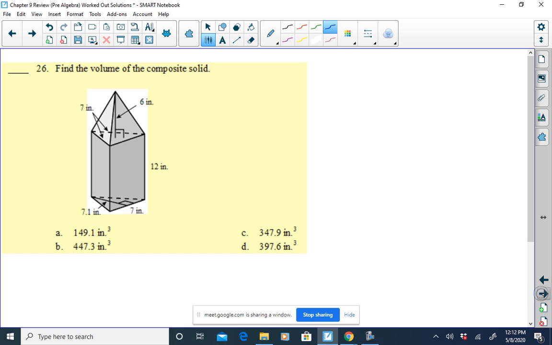Let's look at 26. We have to find the volume of the composite solid, and you're going to see this on your test. We always like to split these into pieces, so I'll call this figure 1, call this figure 2. Volume 1, because it's a pyramid, that's where we get the 1/3 base area times the height.